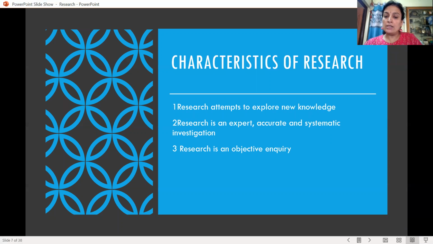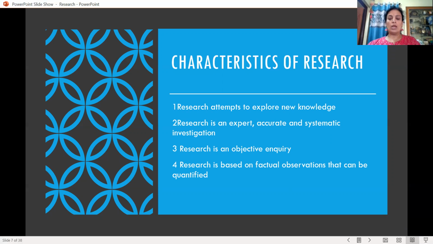Research is an objective inquiry. It means there are some objectives behind it, some aims behind this inquiry. Research is based on factual observations that can be quantified. That means you can express it in numbers, in quantities.